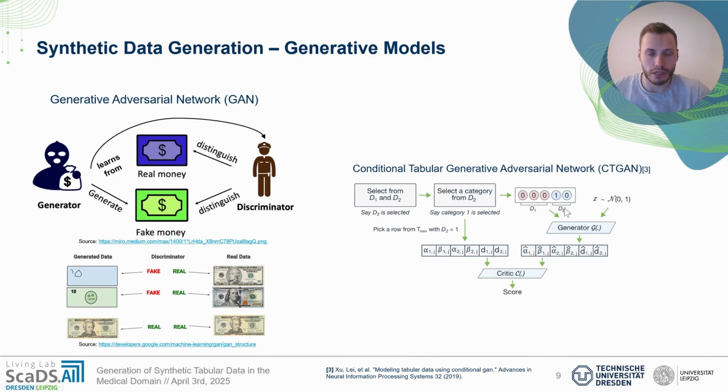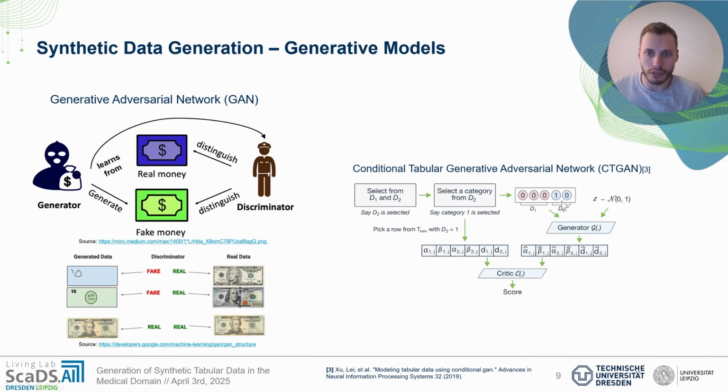And to make the generator not ignore this, the authors came up with a conditional vector which first randomly selects a categorical variable, and then in this categorical variable the value is chosen with the log frequency of the original data. And then we have basically one value for one categorical variable, which is the one-hot encoded vector, and this is given to the generator.